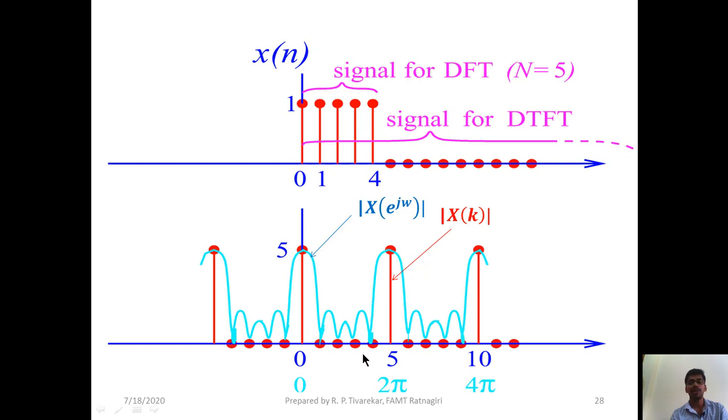You can see that for DTFT the period is 0 to 2 pi, after that it repeats, and for DFT the period is capital N equal to 5 samples. After 5 samples it repeats itself.